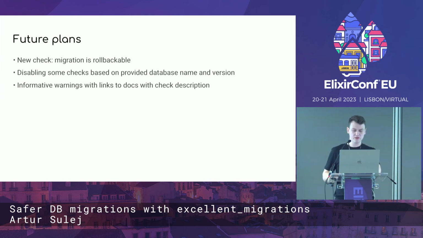Because currently the warnings don't give you much information about what happened. They point to the exact place in code that needs your attention. However, I think it would be really nice to understand what happened, why a certain operation is unsafe, and maybe first of all how to improve it.